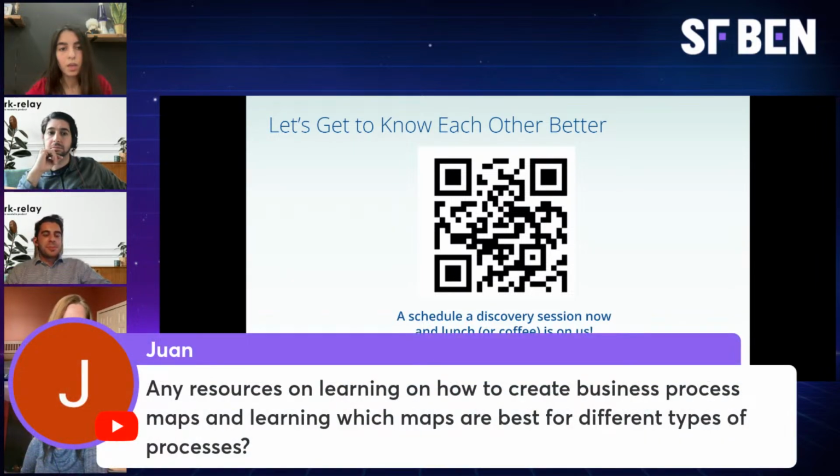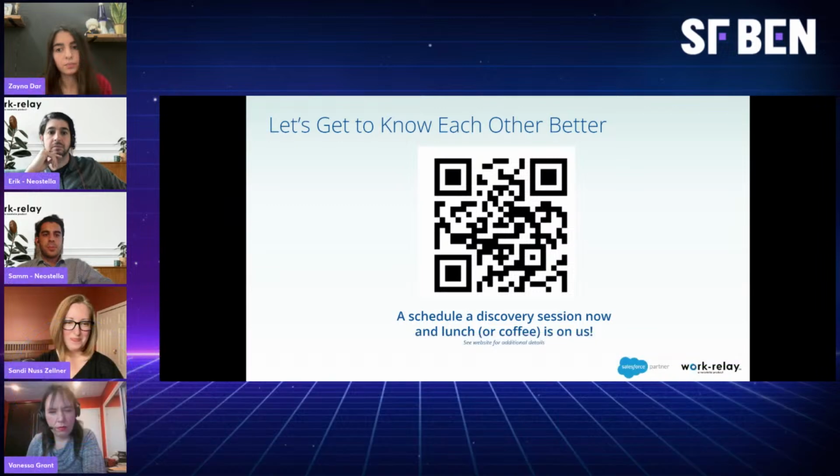Yeah, sure. So Juan is asking, any resources on learning how to create business process maps and learning which maps are best for different types of processes? I think Vanessa and I are probably going to say a similar thing, and we're both going to advocate for Trailhead.